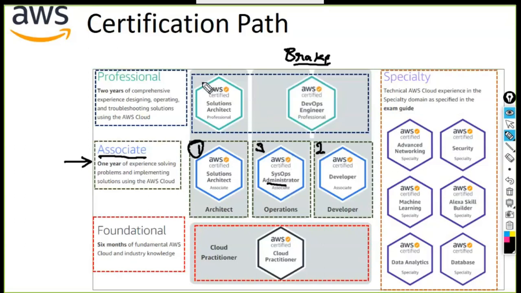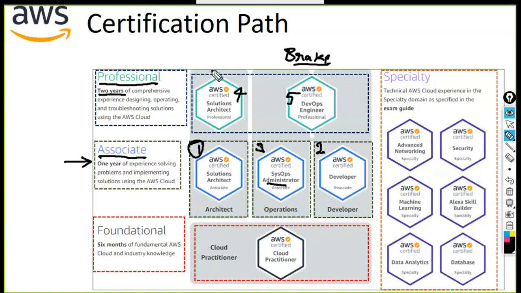Number 4 is the AWS Solutions Architect Professional, which is the professional layer. For the professional layer, AWS suggests 2 years of experience. So you can go for AWS Certified Solutions Architect Professional, and you can go for DevOps Engineer. These two exams are again the toughest.